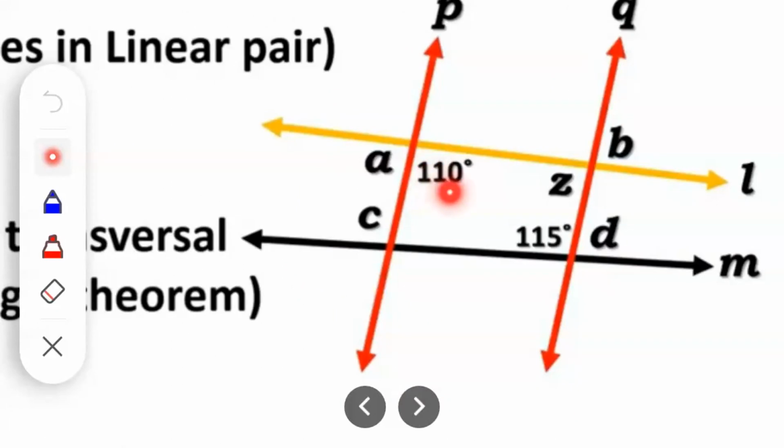So if one is 110 degrees, that value is subtracted from 180 degrees, because linear pair angles are supplementary. They together measure 180 degrees. So subtract this value from 180 degrees and you will get the value of angle A.